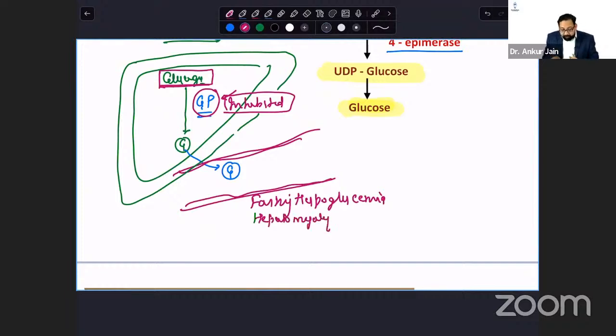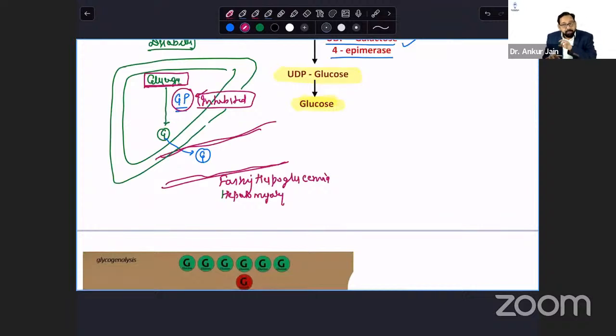So in this, you may get confused. Sometimes a clinical scenario is asked and they confuse you with glycogen storage disease. You know, liver glycogen storage disease, we have discussed in the previous class. There is fasting hypoglycemia and hepatomegaly.